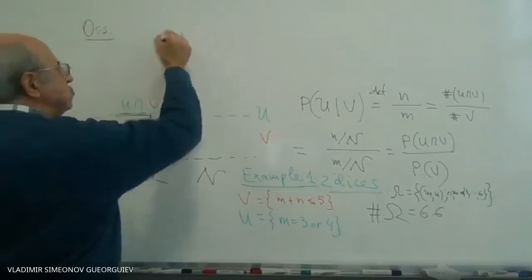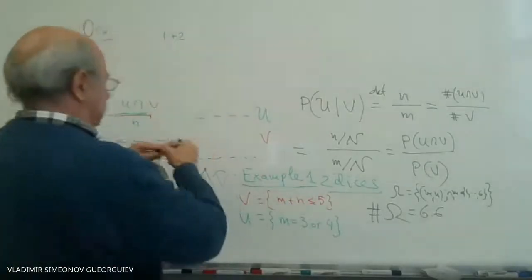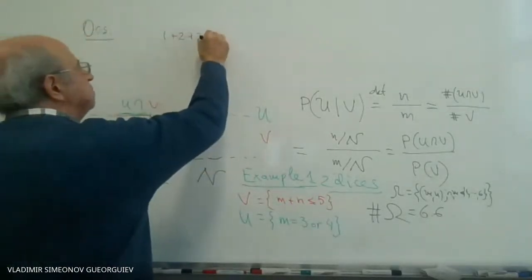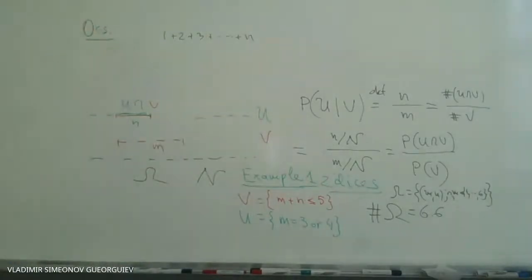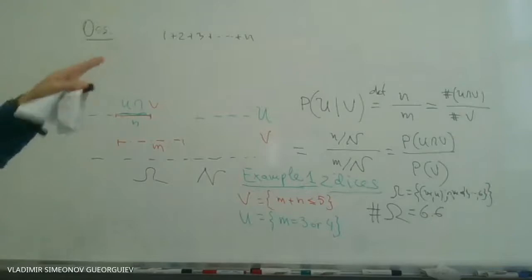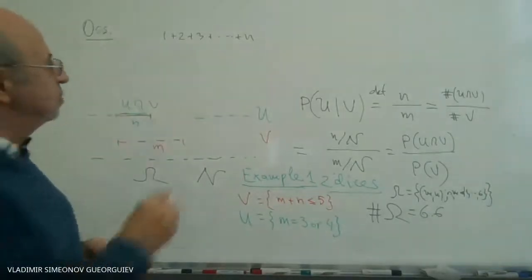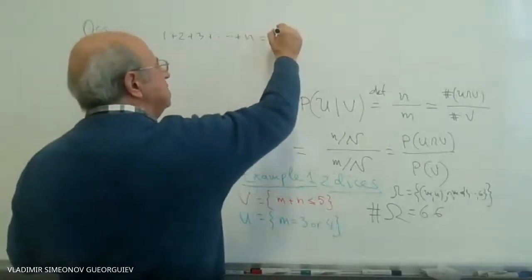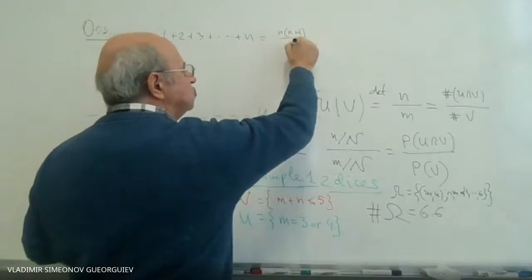1 plus 2 plus 3 plus and so on, up to n. What is this sum? If in some exercise you need to compute this sum, it is important to know that this is always n times n plus 1 over 2.